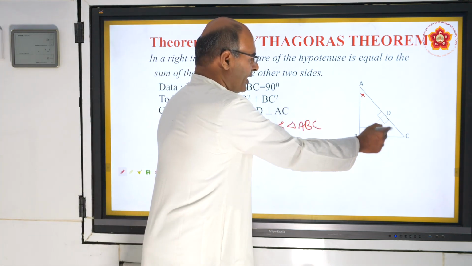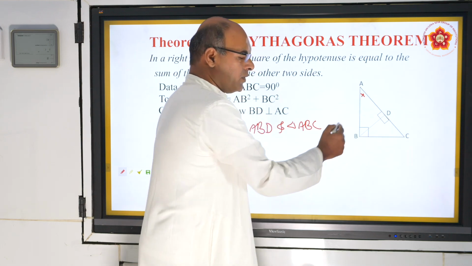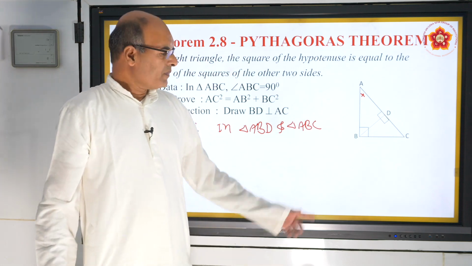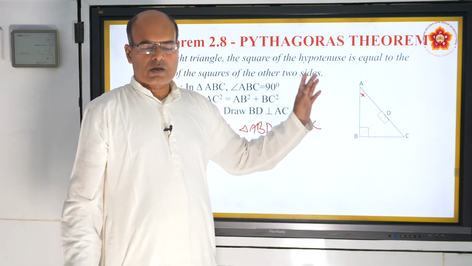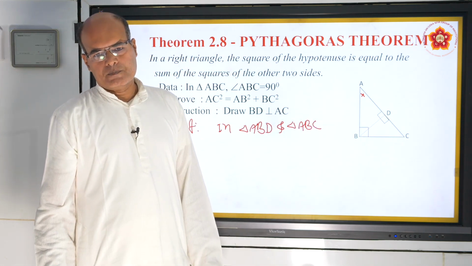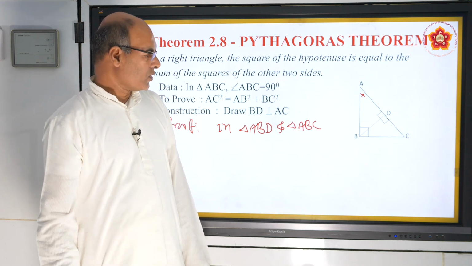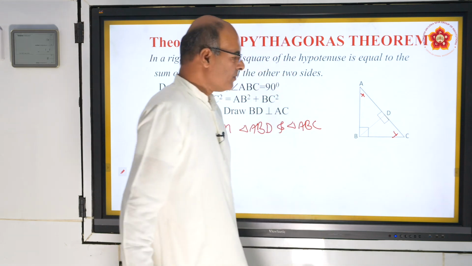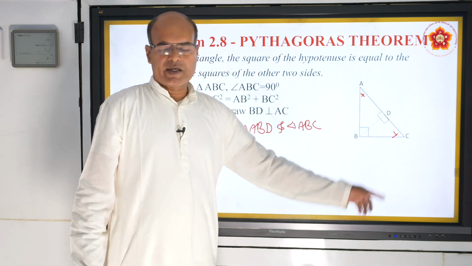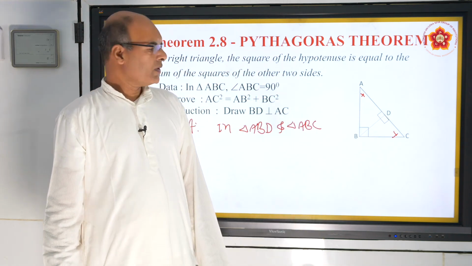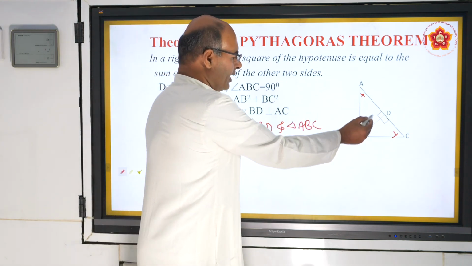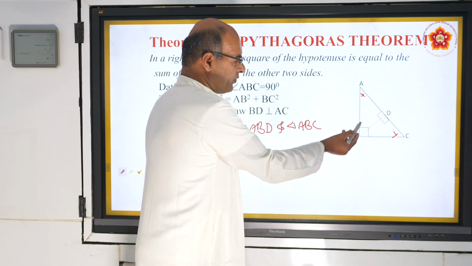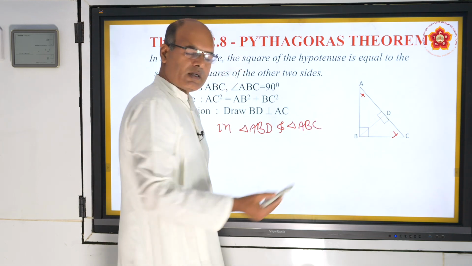This is a right angled triangle, so in any right angled triangle, one of the angles is 90 degree, and the sum of the other two angles is also equal to 90 degree. Suppose I take this as y, then x plus y is also 90 degree. Consider triangle ABD. In triangle ABD, one of the angles is 90 degree, therefore the sum of the other two angles is 90 degree.